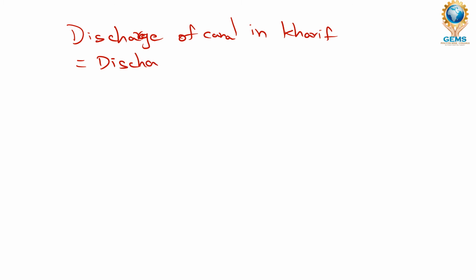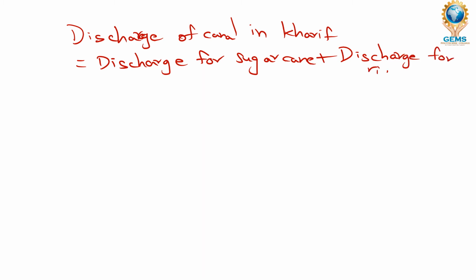The discharge of canal in kharif is equal to discharge for sugarcane plus discharge for rice plus discharge for bajra.